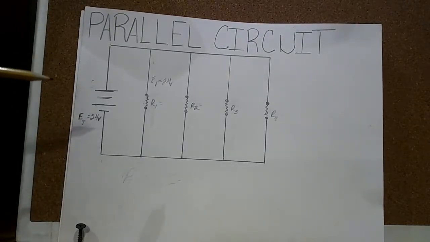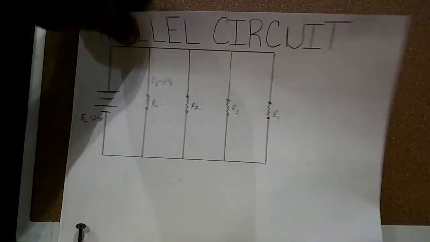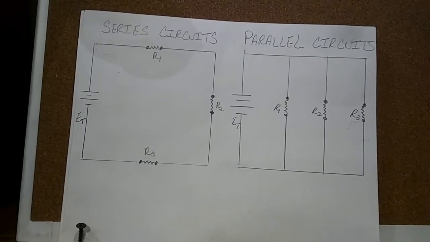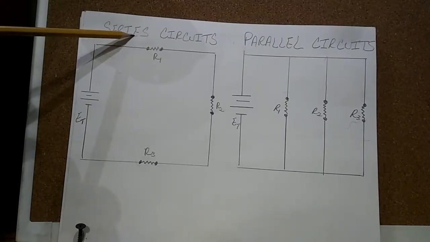So the voltage is the same throughout a parallel circuit. So the two distinctive things are there's more than one path for current to flow, and the voltage is the same throughout the circuit.